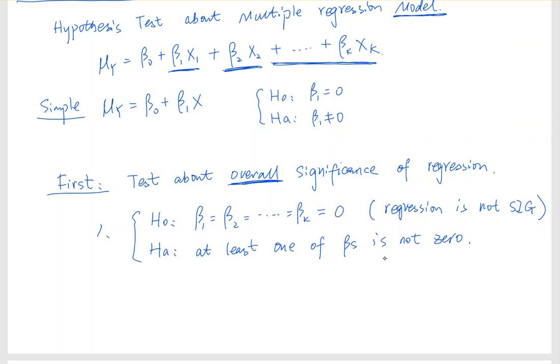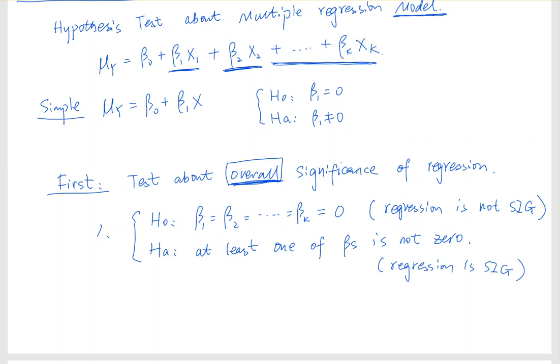So in this case, overall the regression is significant, or we say the regression is meaningful. So here we are testing the overall significance of the regression. I don't care about which one, I care about the whole thing, the whole set of explanatory variables and the response variable.